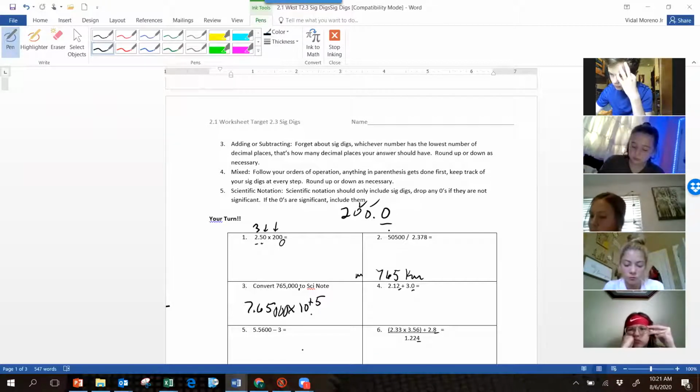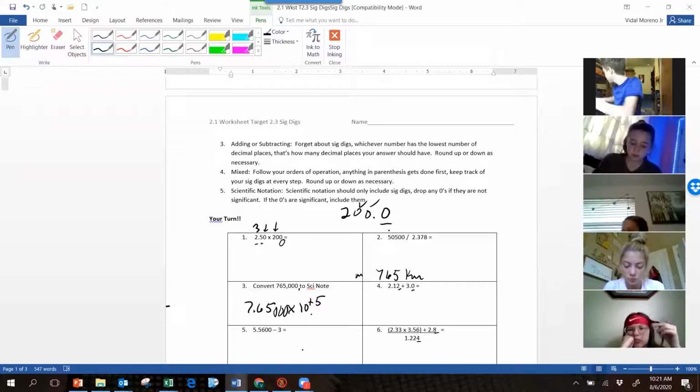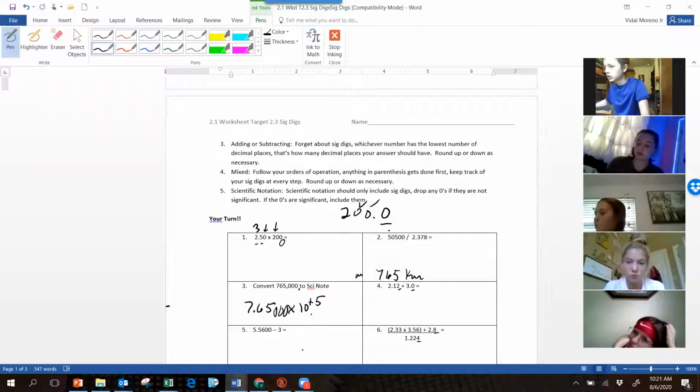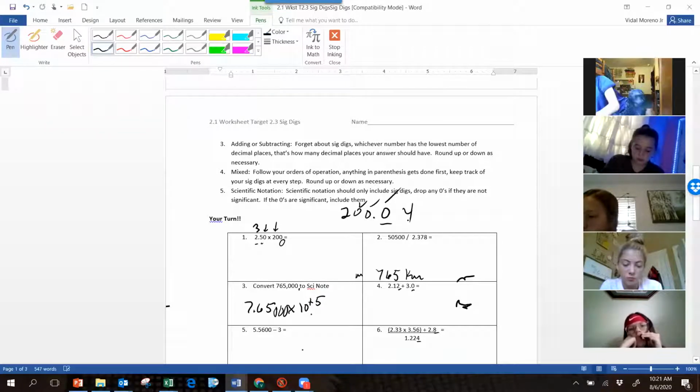It just tells you 200, doesn't it? Yeah, that's because your calculator has no respect for sig digs. It doesn't think that this is important. Which, if it is there, guess what, Sonhee? It's important. So this would be 4 sig digs.